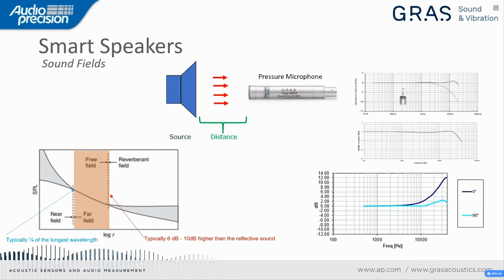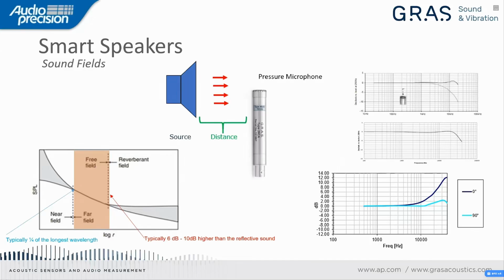But we can actually do something with this microphone, because we can turn it around. So the microphone will not point directly at the source, but it will have a 90 degrees incidence angle to the source.